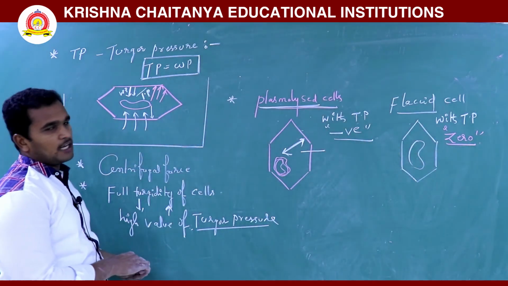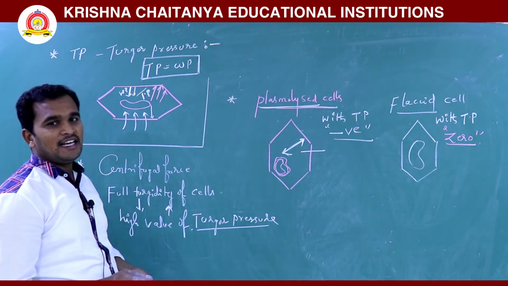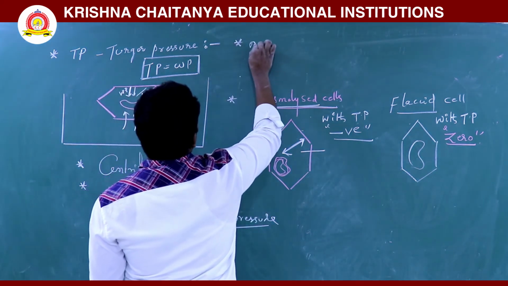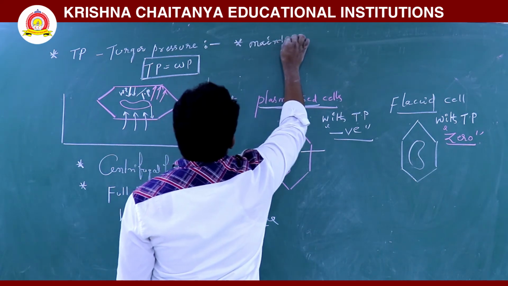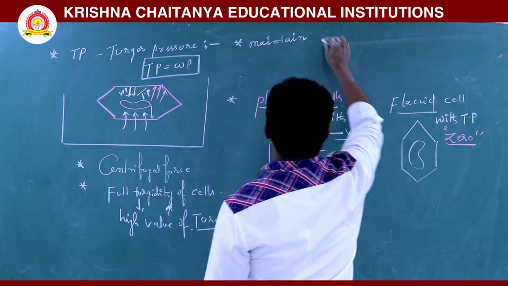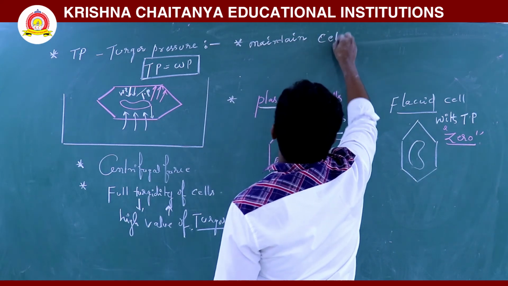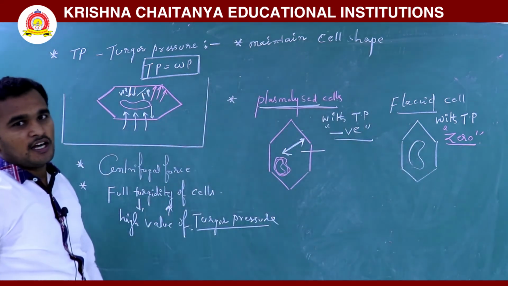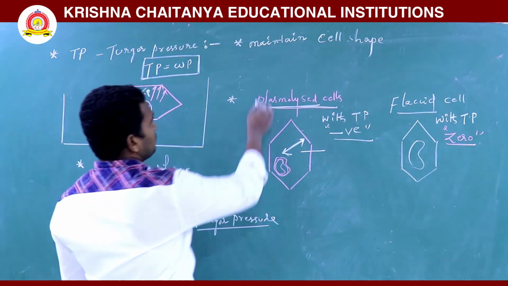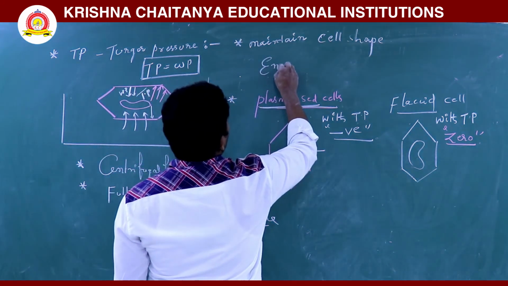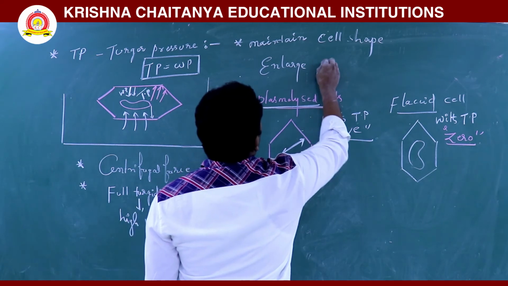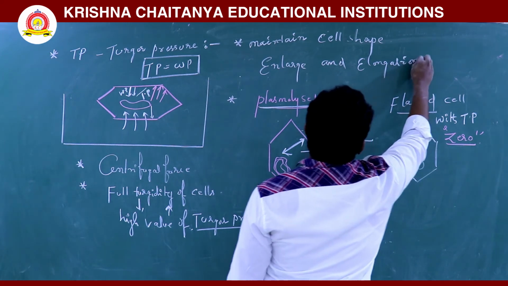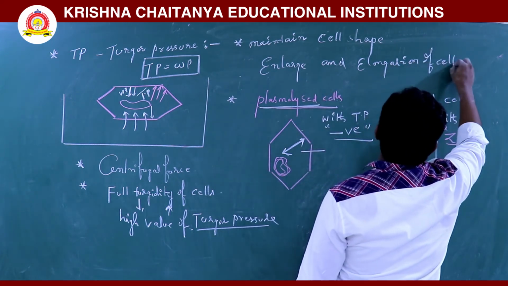What is the use of turgor pressure? It is maintaining the cell shape, and it also helps in the enlargement and elongation of cells.